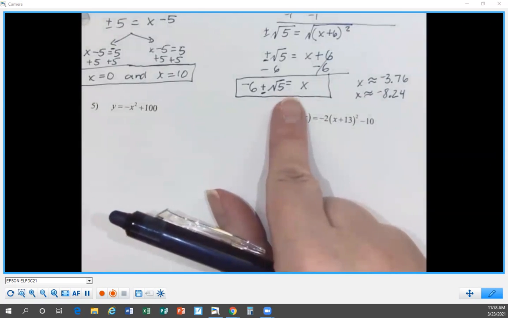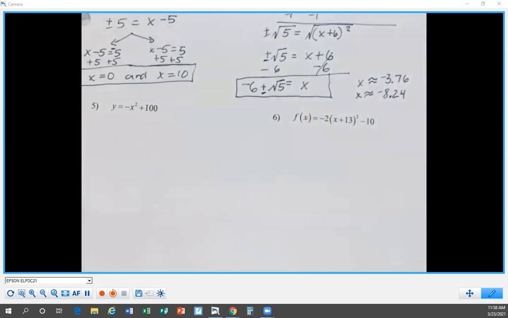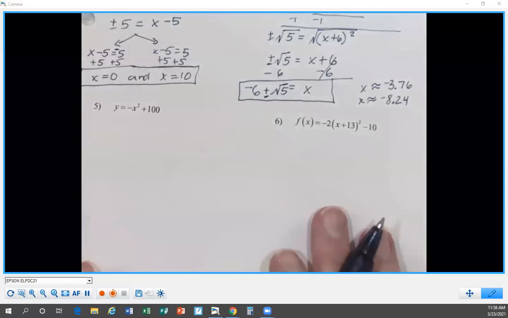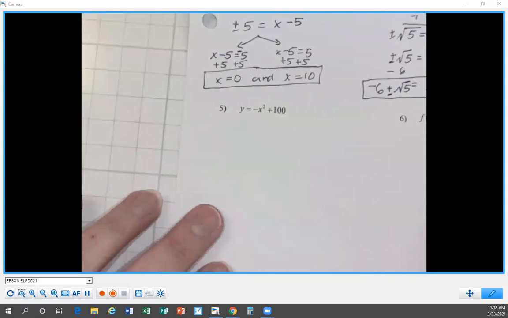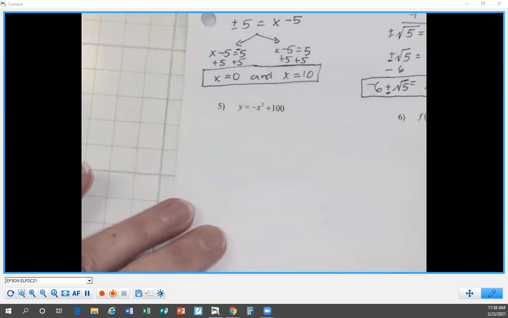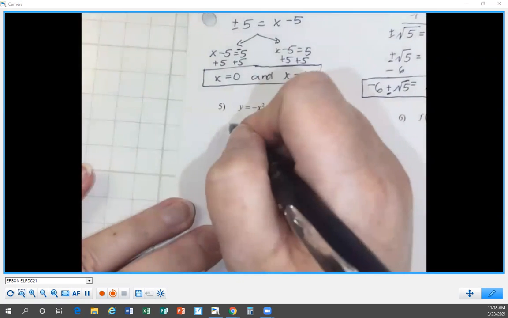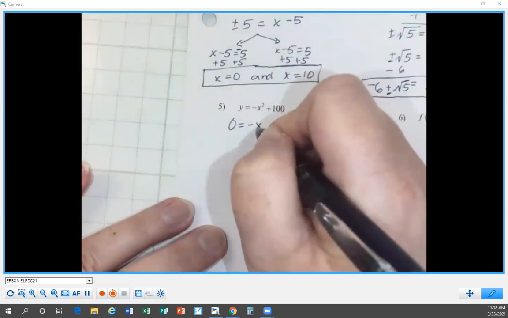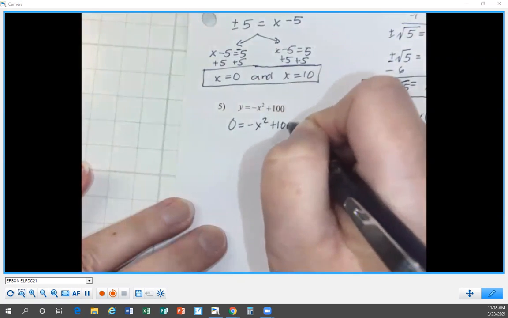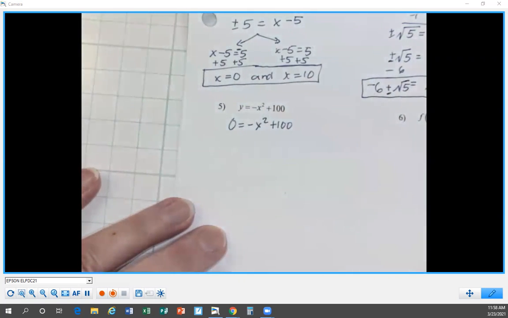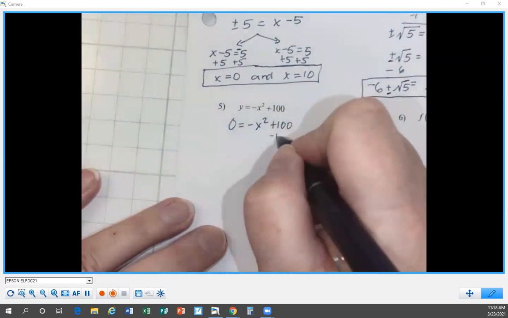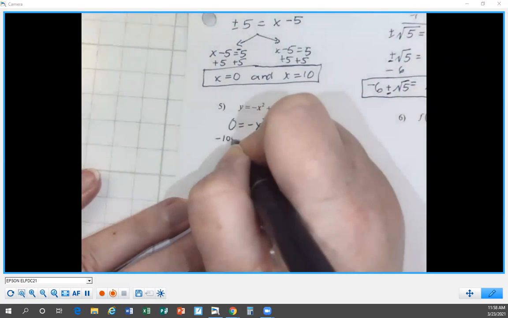All right, let's move on to number 5. y is equal to -x squared plus 100. So we set our y equal to 0. So we have 0 equals -x squared plus 100. We'll follow our order of operations in reverse, so we will subtract 100 from each side.